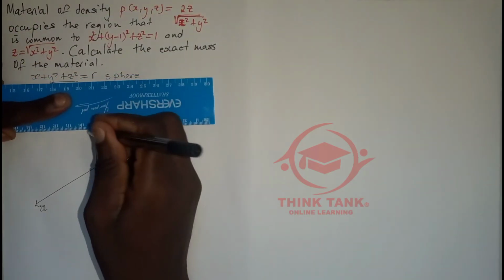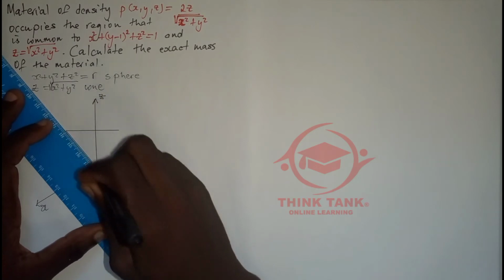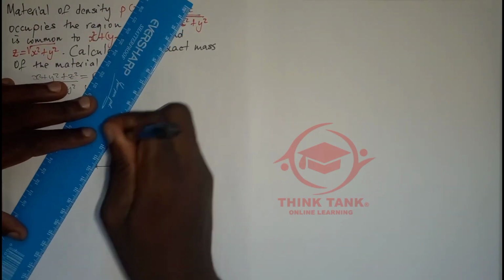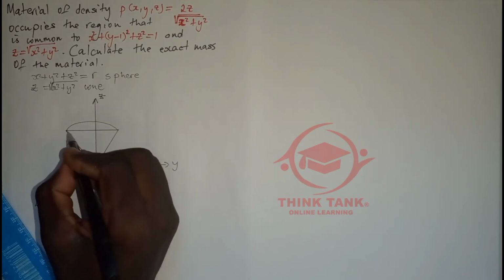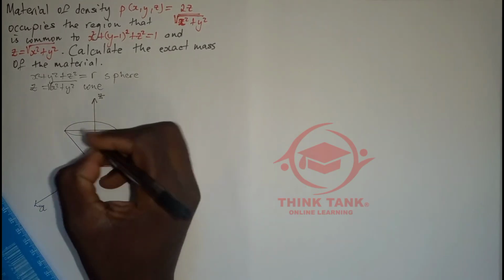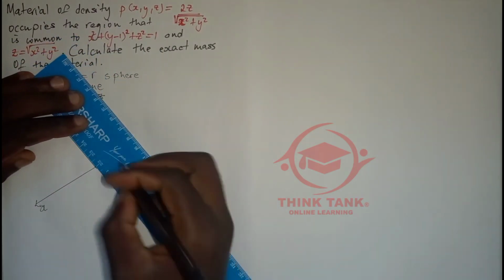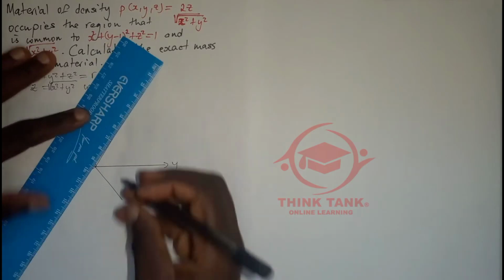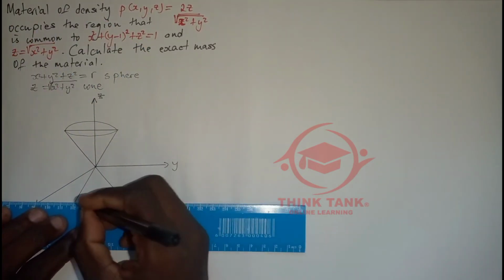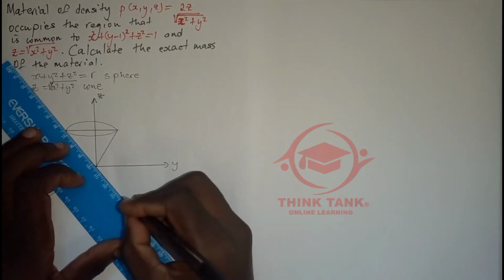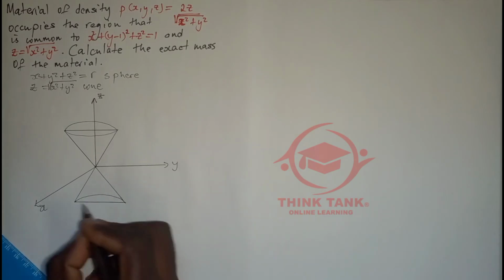I'm going to draw this cone, the upper part of the cone, and it's also going to be on the bottom, since it's the square root of a number, it's either positive or negative. So this one is the cone.